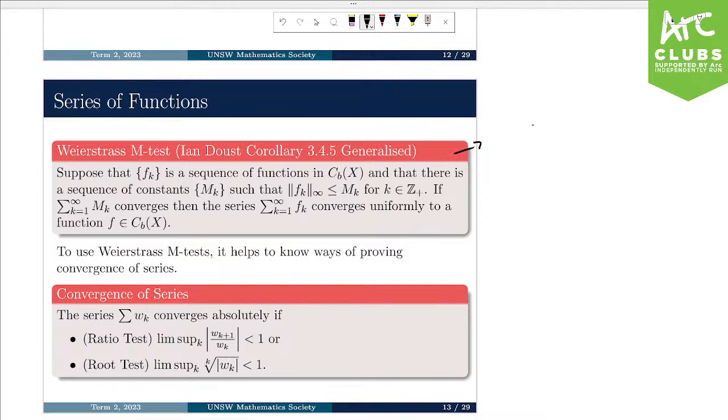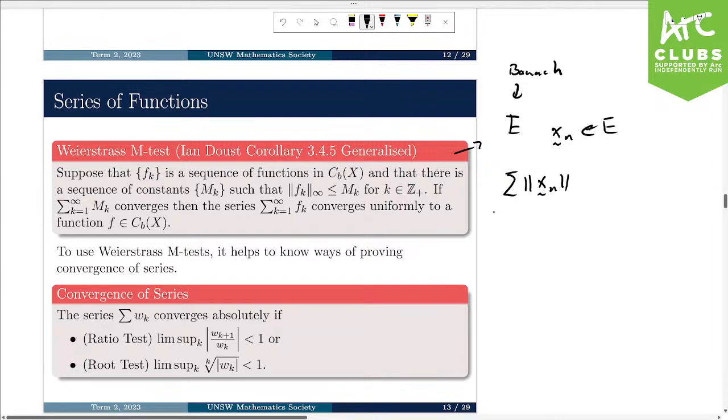That theorem is in a Banach space E. If we have a sequence in that Banach space, and the sum of the norms from 1 to infinity of that sequence converges, then the sum of the elements also converges.